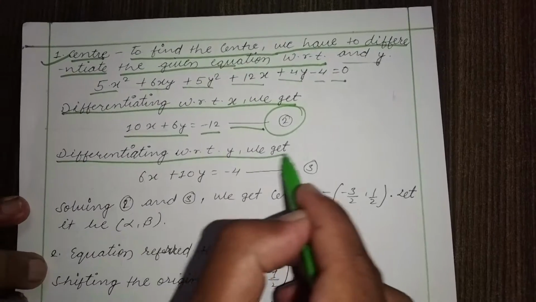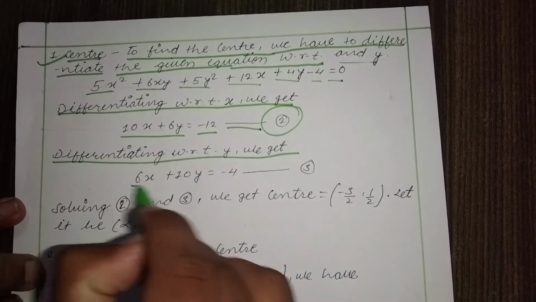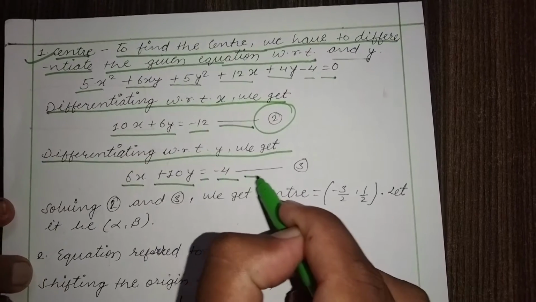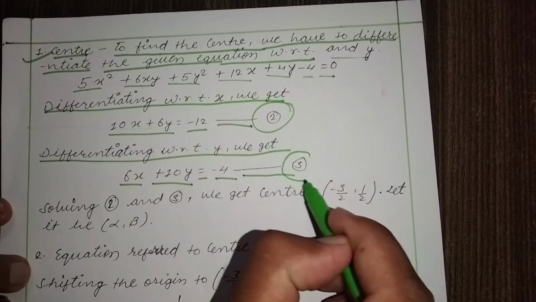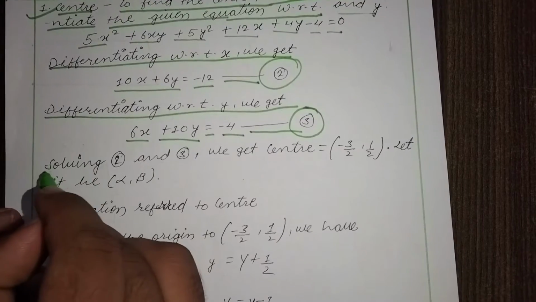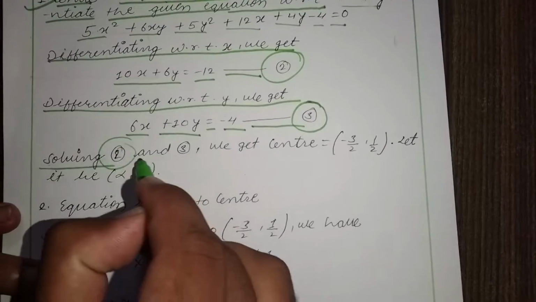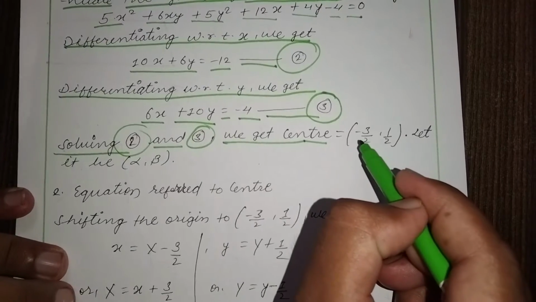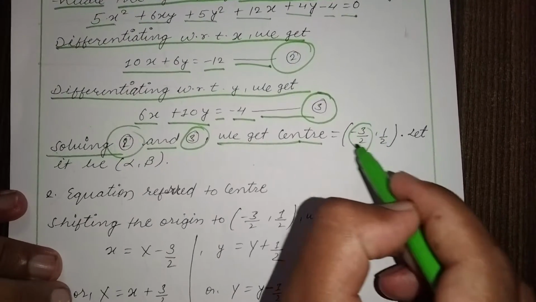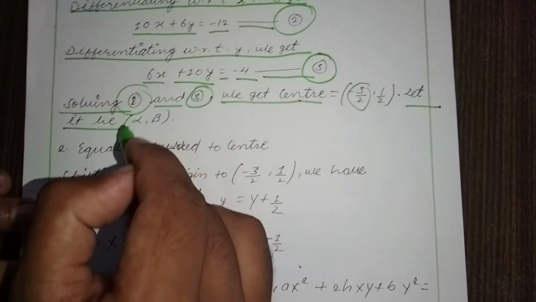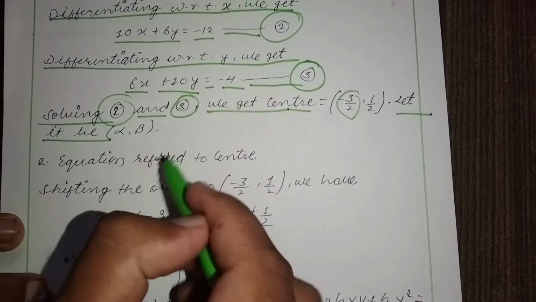Differentiating with respect to y, we get 6x plus 10y equals minus 4, which is our equation number 3. Do you understand? Solving equation 2 and equation 3, we get the center equals minus 3 by 2 comma 1 by 2. Let it be alpha comma beta.